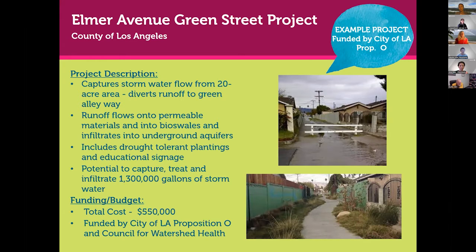And the potential to capture and treat and infiltrate 1.3 million gallons of stormwater. So that's a substantial project. And the total cost of that was very modest, $550,000. And the funding came from Proposition O in, I believe, the city of LA, and then also the Council for Watershed Health. So that's a really good win-win project that is benefiting a community that I can't tell. I believe it was a disadvantaged community.